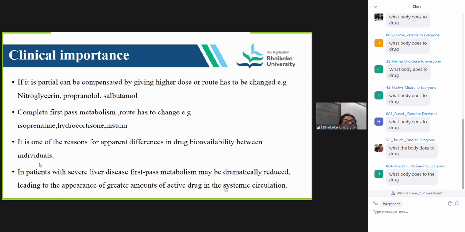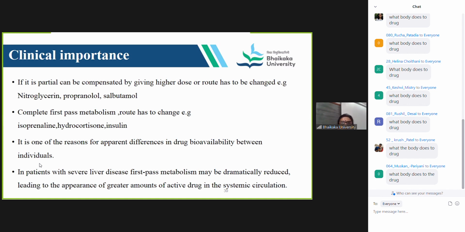So what are the implications? If the drug has partial first pass metabolism, you can compensate for this process by giving a higher dose or maybe changing the route. The typical example here is nitroglycerin. I told you it has to be given by sublingual route.